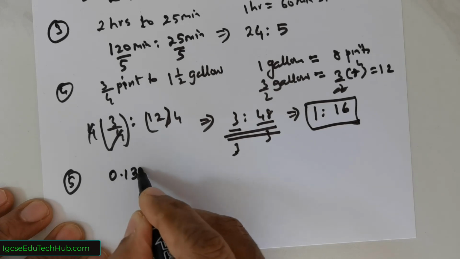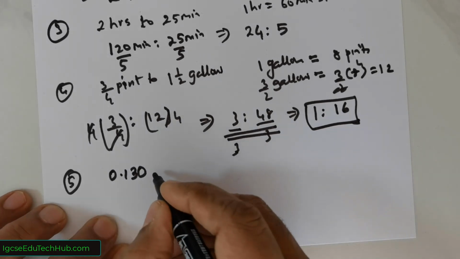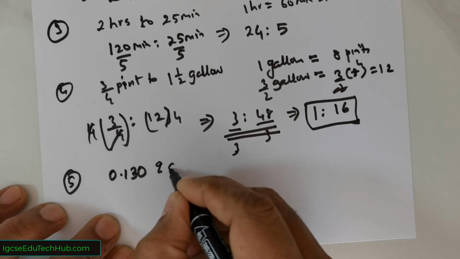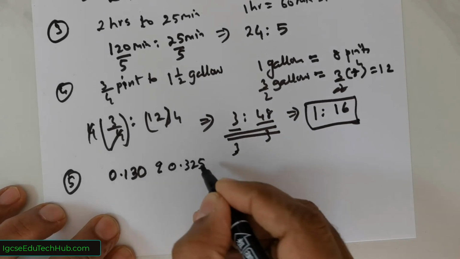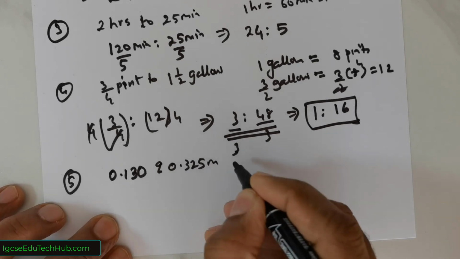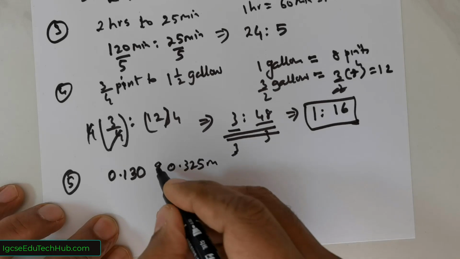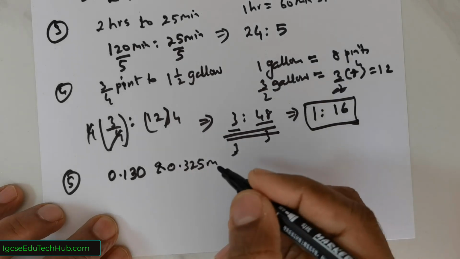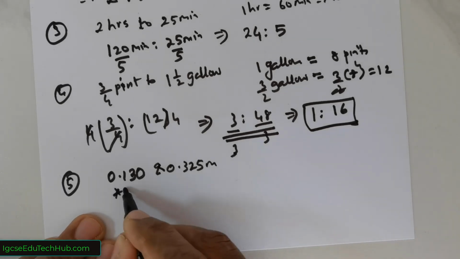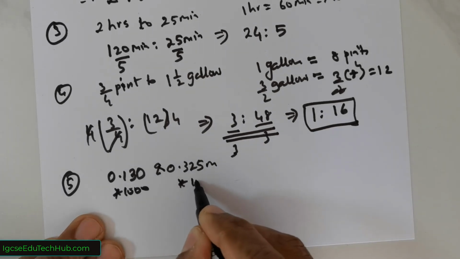Now you have to express 0.130 and 0.325, both given as meters, in the simplest ratio form. So what I'm going to do is multiply this by 1000, and multiply this by 1000.